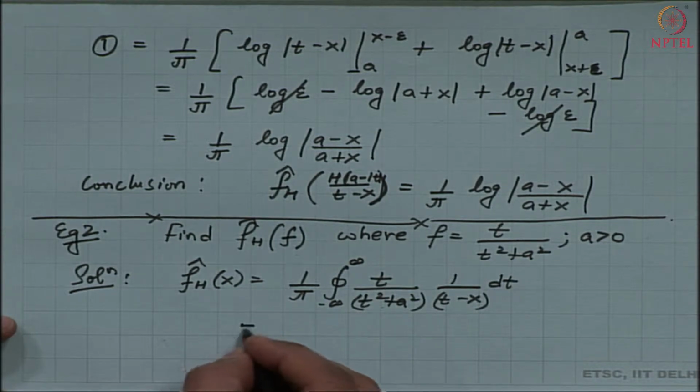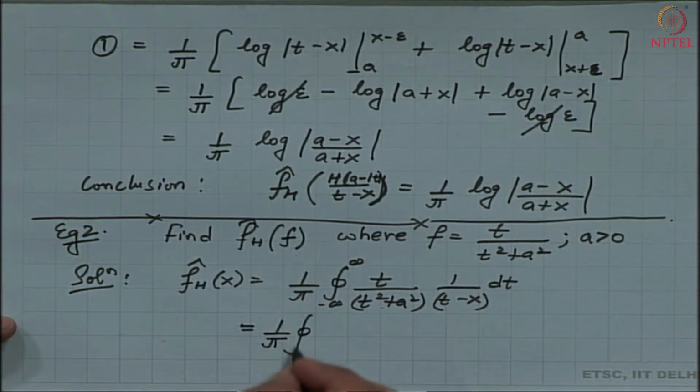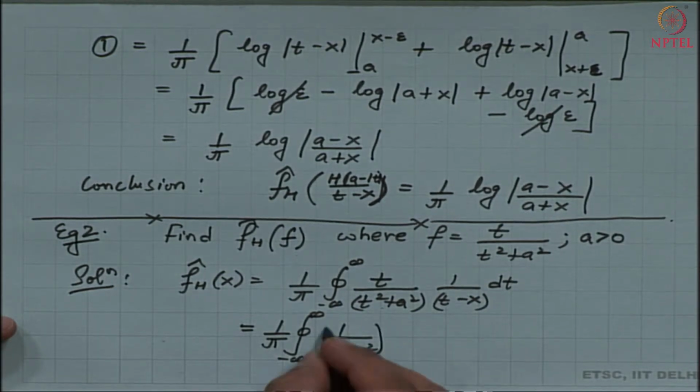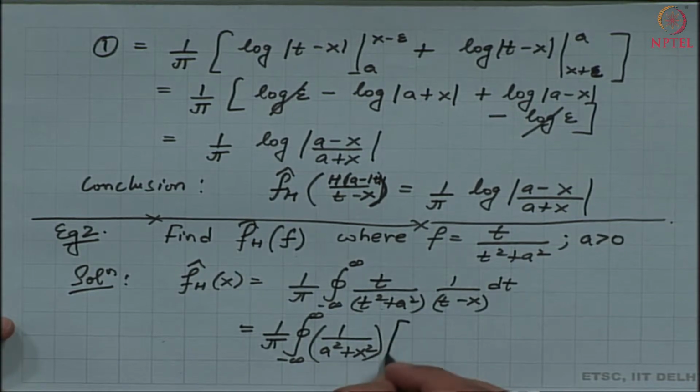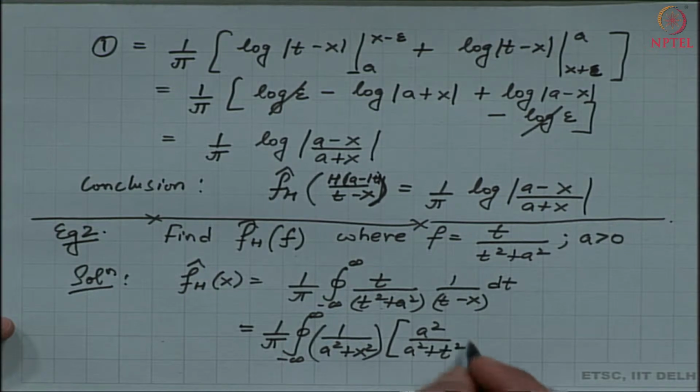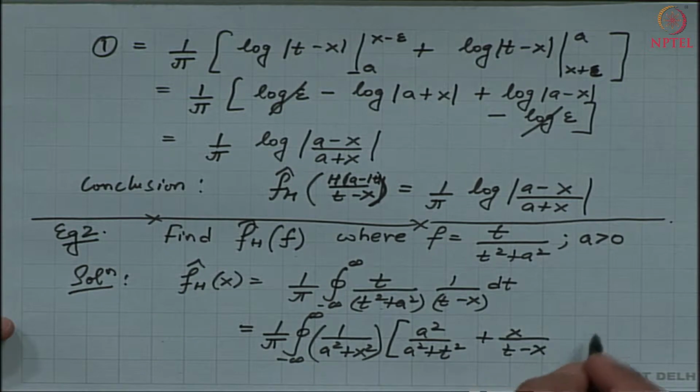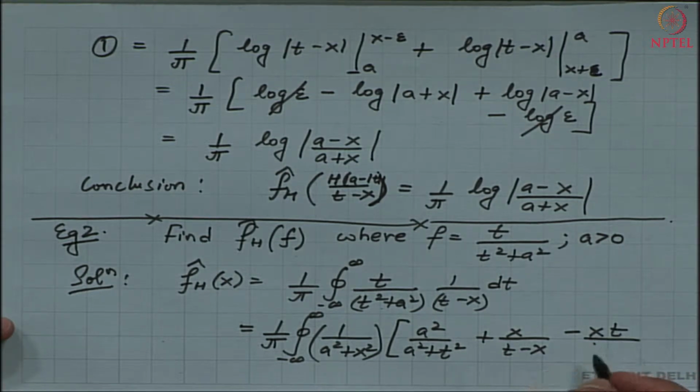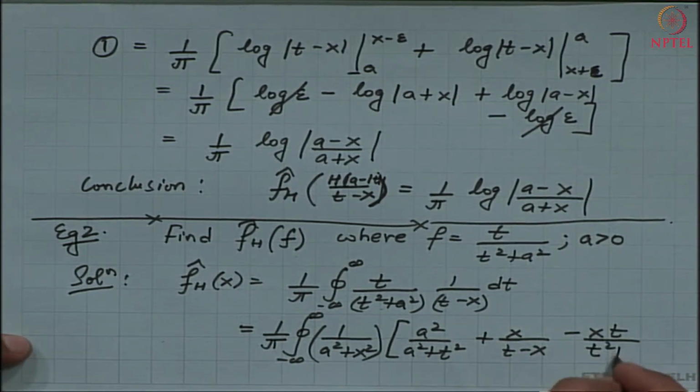So, I can see that this particular integral is 1 by pi, the Cauchy principal value integral of 1 by a square plus x square. So, I can take this factor out, and this is times a square plus t square plus x divided by t minus x minus x t divided by t square plus a square.